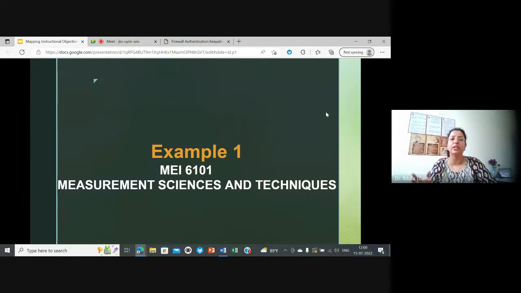So I have taken two examples of two different subjects, so that by taking these examples I can tell you how to write the learning objectives, and you are also able to write the learning objectives of your subject. In the last, I'll be giving you some time for your own subject, so you can take the time and write the learning objectives accordingly.